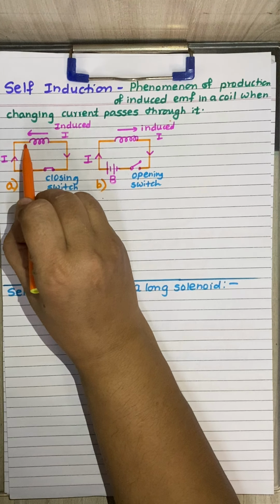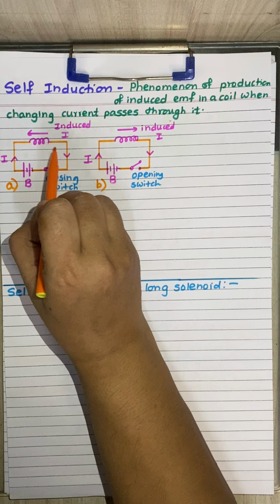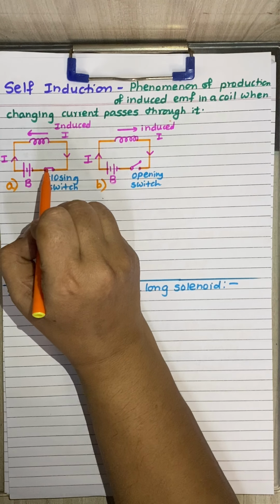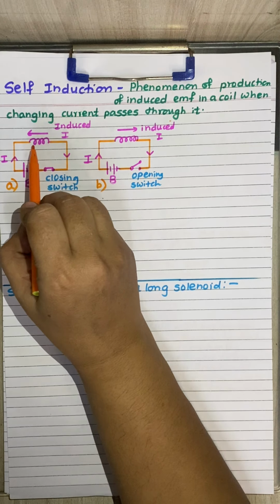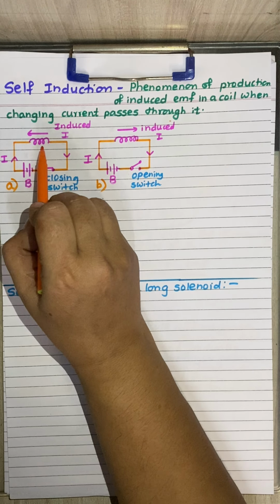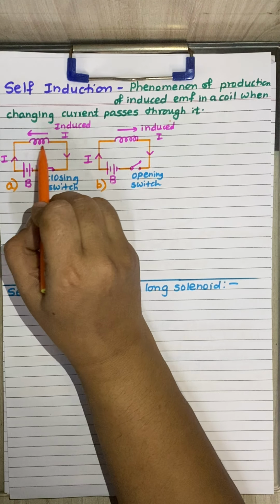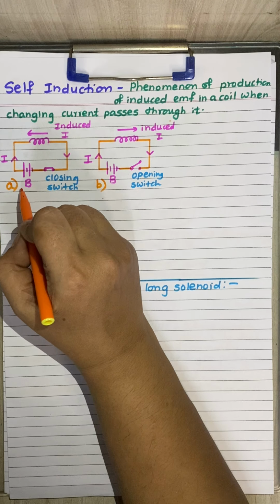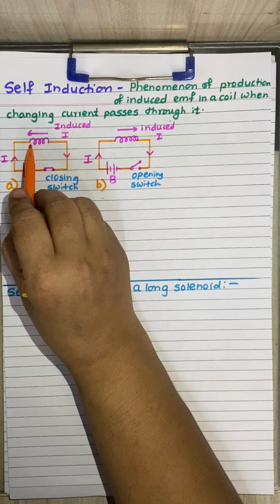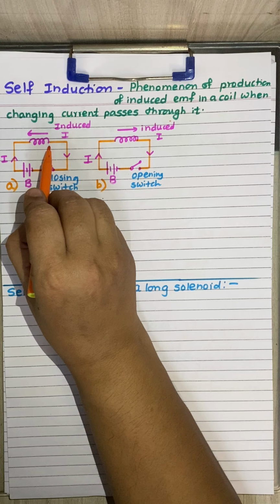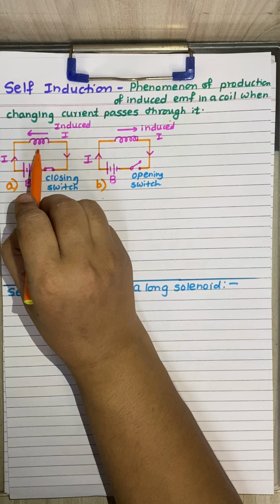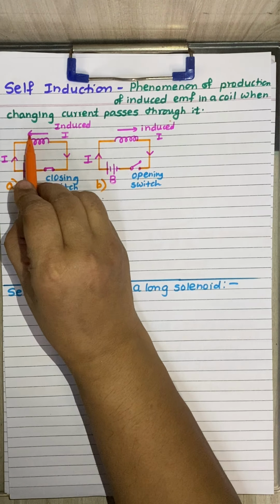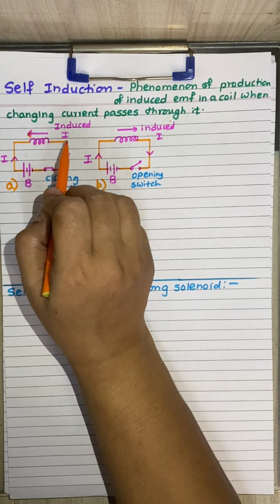The current goes from 0 to maximum, so the coil behaves as a solenoid and starts producing magnetic flux. Whenever the magnetic flux through the coil increases from 0 to maximum value, an induced current flows in the opposite direction of the battery current.